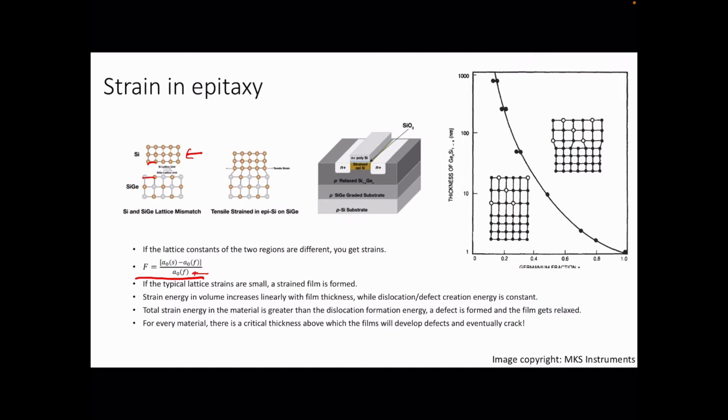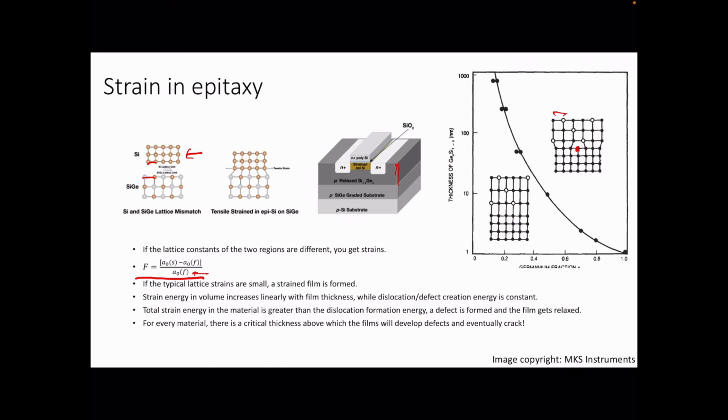The thicker the film you grow, larger will be the built up strain energy. And if the built up strain energy is larger than the dislocation creation energy, you start to create dislocations as shown here, and the film will start to relax. You will start losing this strain because now you are creating defects. As you create the defects, the lattice will relax, going back to its equilibrium distances, right?